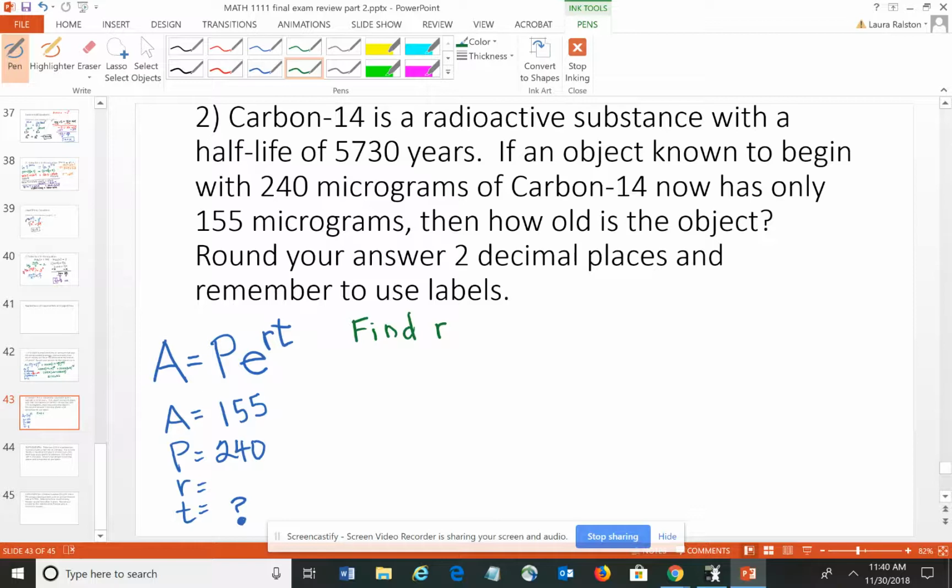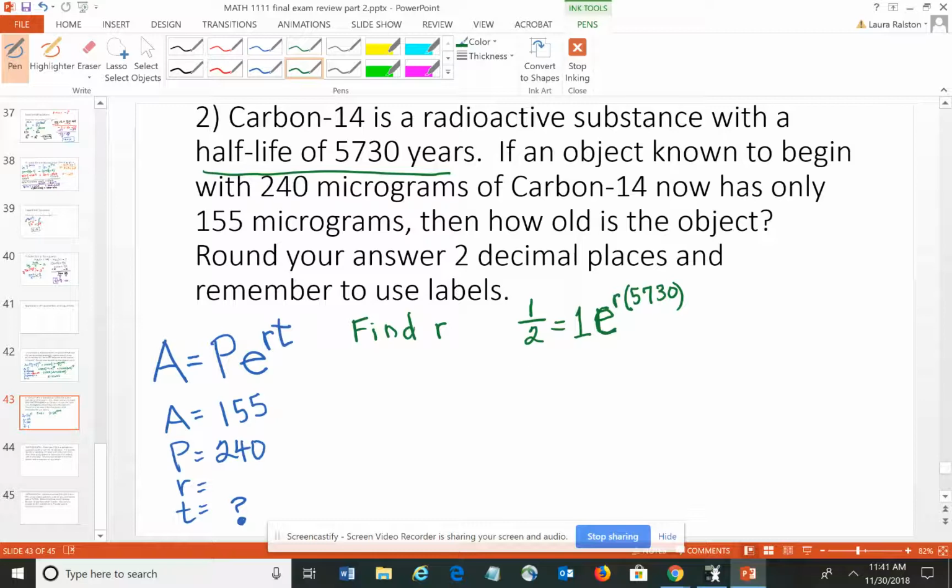Well, I know that the half-life is 5,730 years. If I'm going to have half of the material left, and I started with 1, or 100%, I have e to the r times 5,730 years is how long it's going to take me to have half left.